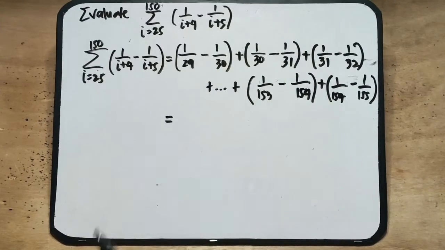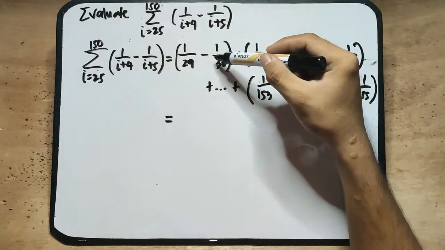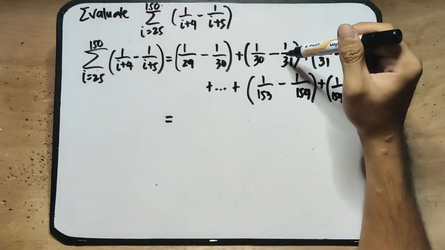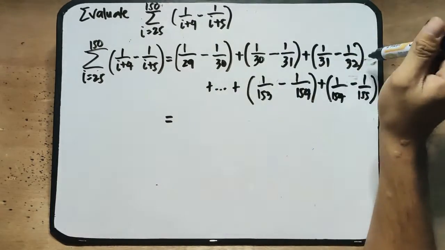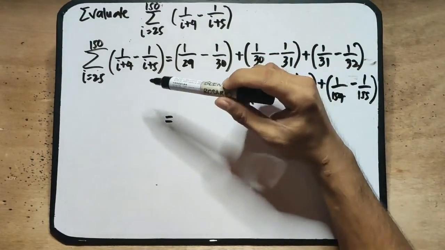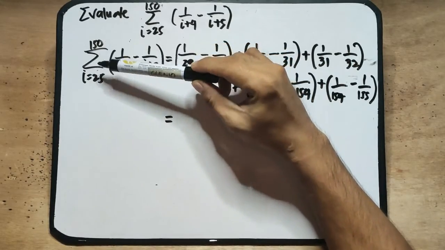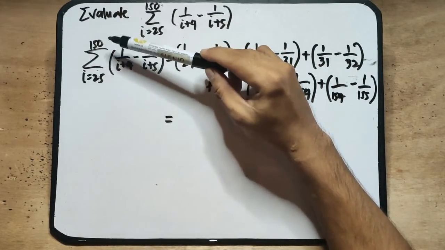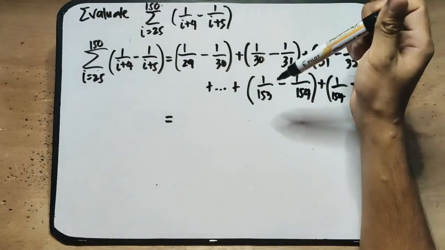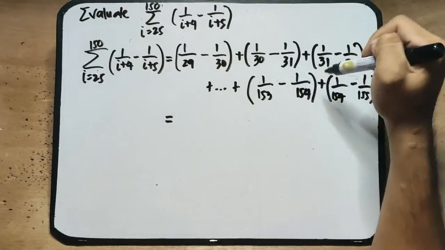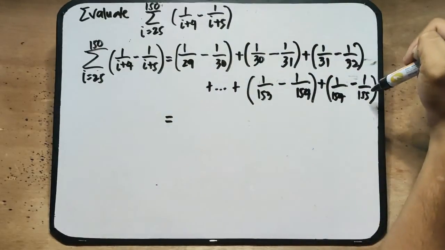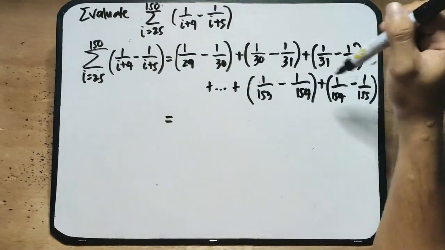So, if we observe the terms, some of them will cancel out. Like, for example, negative 130 and 130, negative 131 and 131. If we continue the process, which is very taxing because there are many terms from 25 to 150, we will see that everything cancels. What remains is only the first term and the last term.